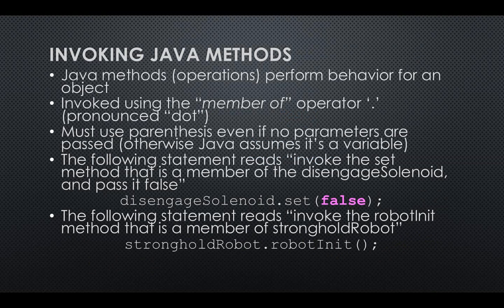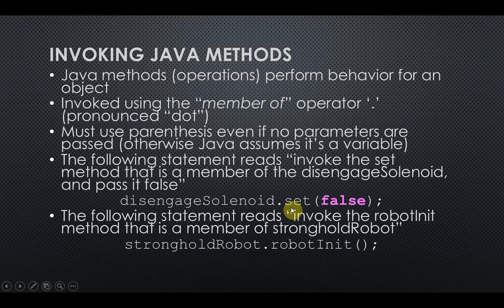So I've already gone over this, but I'm going to touch on it again. Java methods perform behavior on an object, and we invoke a Java method with the dot operator, which is the member-of operator. We have to use parentheses even if there are no parameters passed to the method. Otherwise, Java is going to assume your declaration is a variable, not a method.